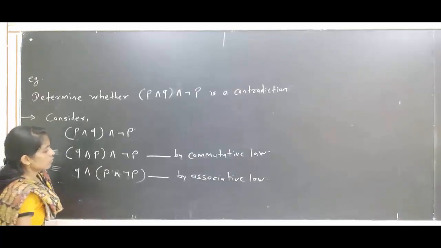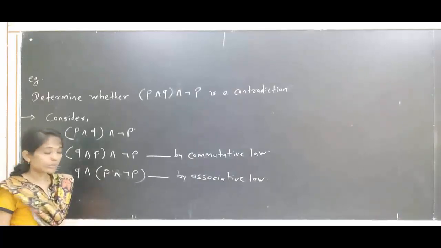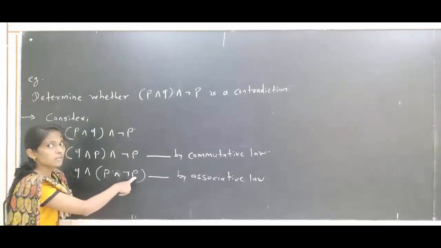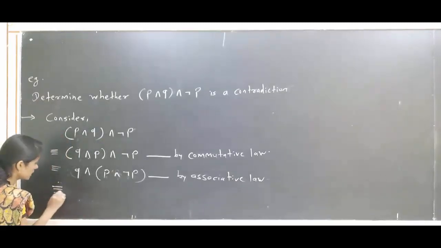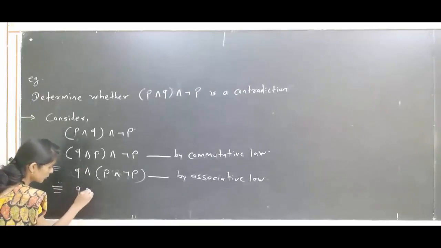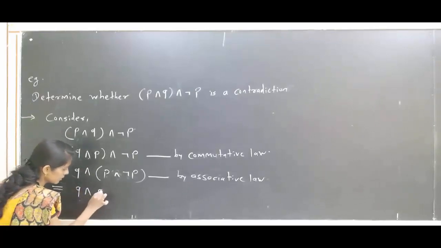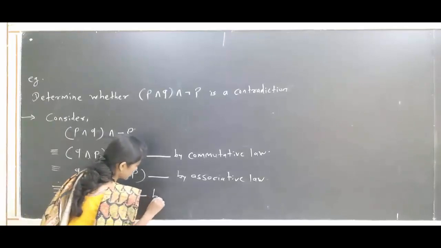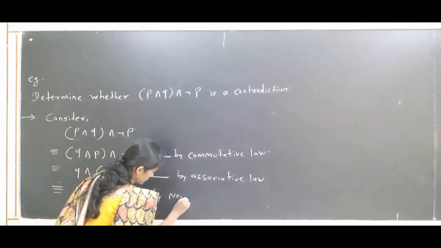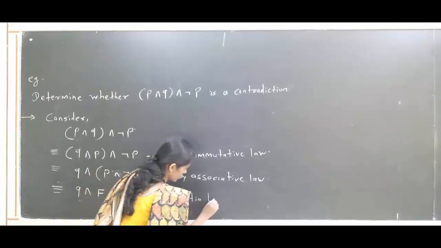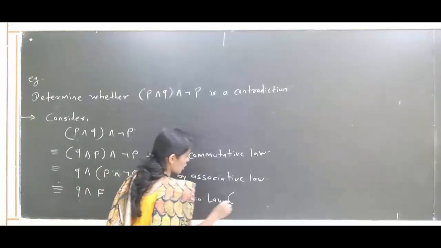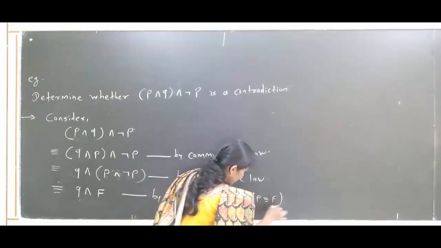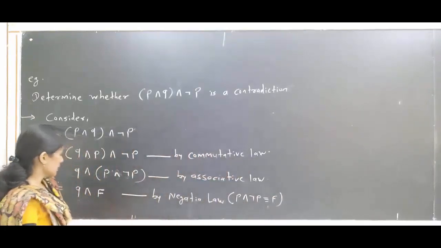Okay. Now from negation law we know that P conjunction negation P is false. So it is equivalent to Q and F. So its truth value is false by negation law. Write down this law in bracket also. P and negation P is equivalent to false, right?